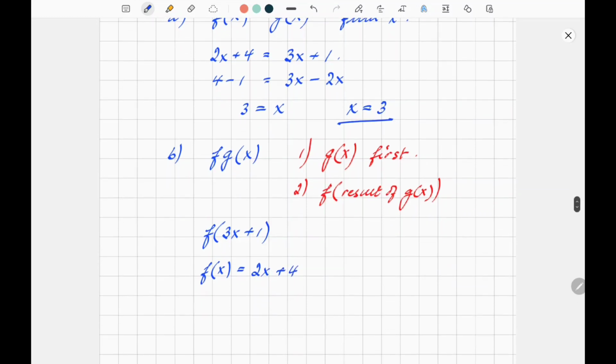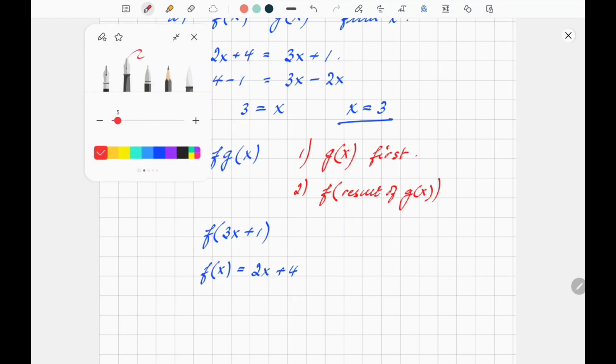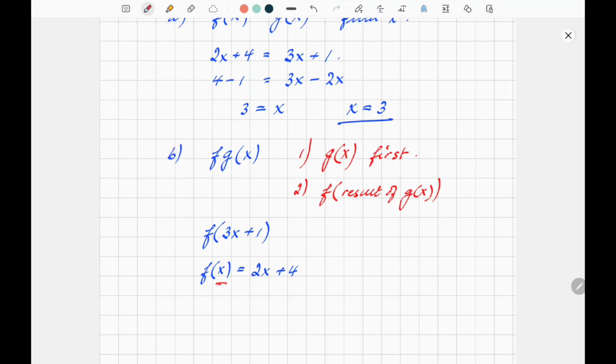What this means, and this is the important bit, whatever you have in the brackets is what you put wherever you have an x. Does that sentence make sense? So I'm going to treat the 3x plus 1 as my input, as my sort of x, if you like, in quotation marks.